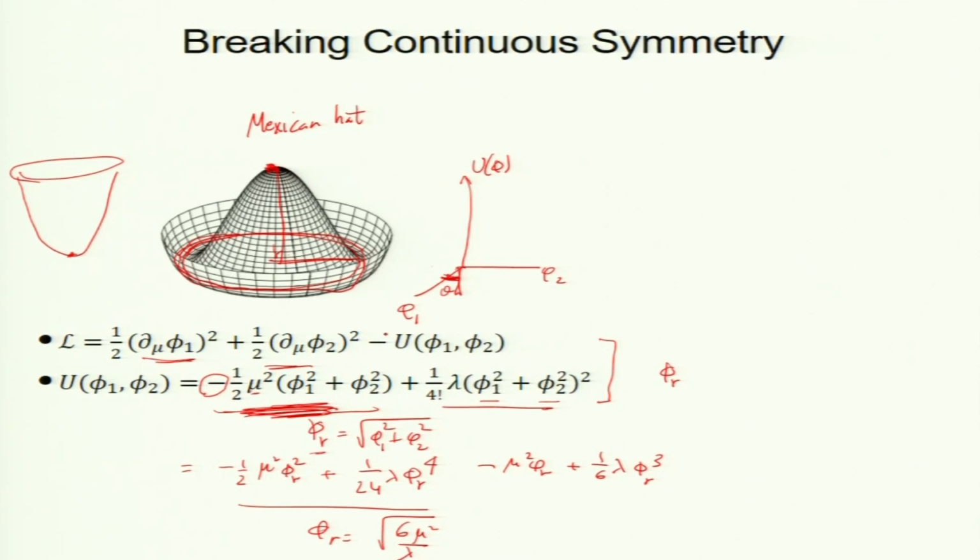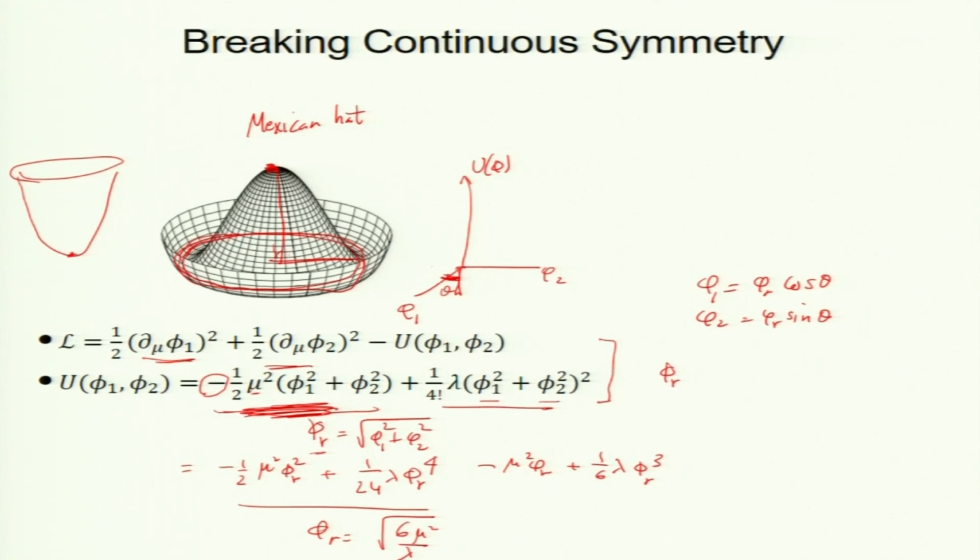If I write in terms of this angle, phi 1 will be phi r cos theta and phi 2 will be phi r sin theta. When I sum the squares, it becomes independent of theta. So, that is a continuous symmetry; this Lagrangian is independent of theta.